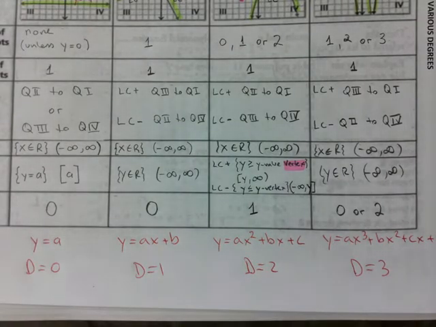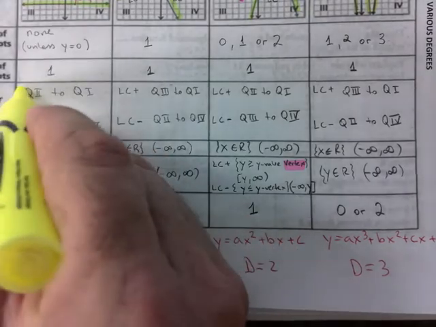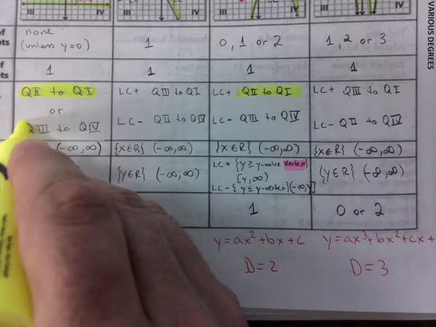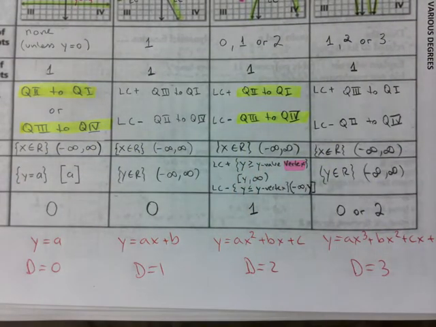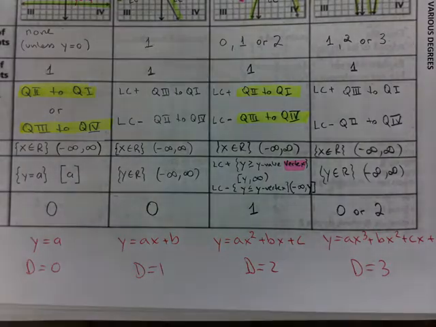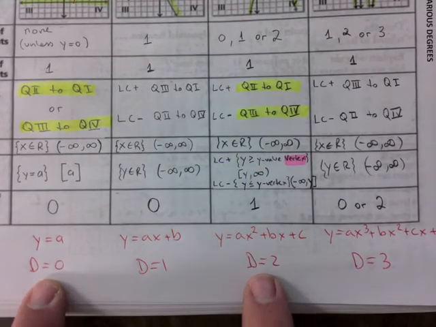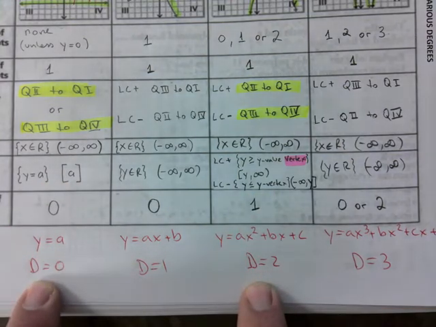Look at the end behavior. I'm going to say this. Look at the end behavior between these two. It's the same. I don't know if you noticed that. So they both have an even power, even degree. So the degree of a function, right?